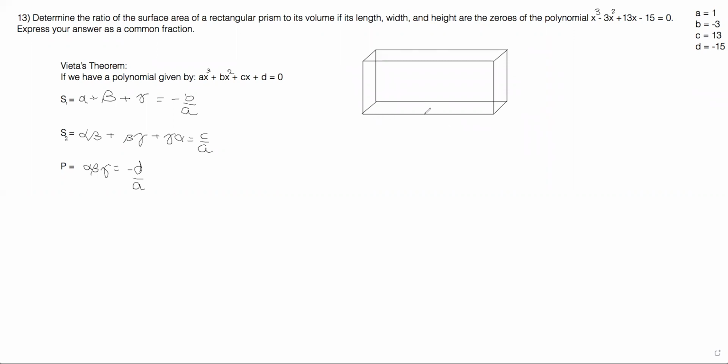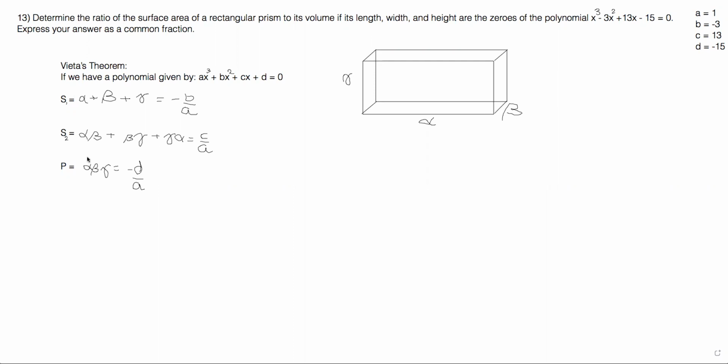Our horizontal dimension, I'm going to call alpha. The one that goes parallel to this direction, I'll call beta. And the one going up and down, that is gamma. So we have alpha, beta, and gamma.